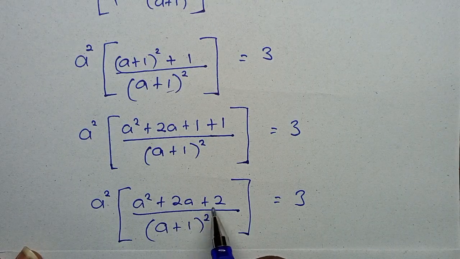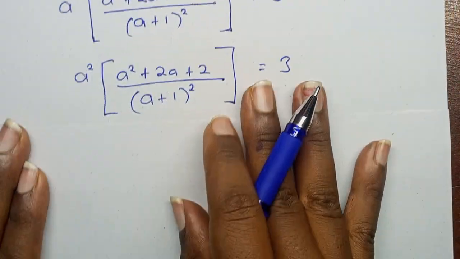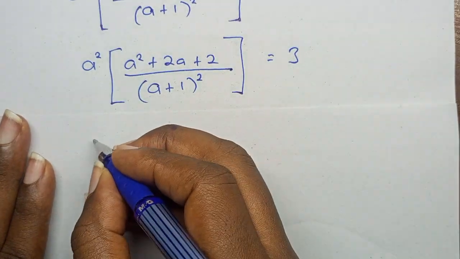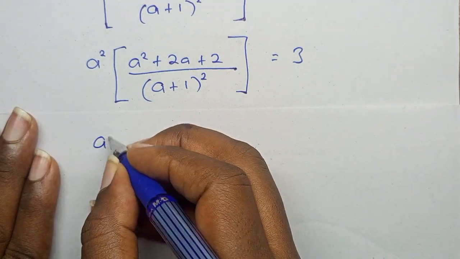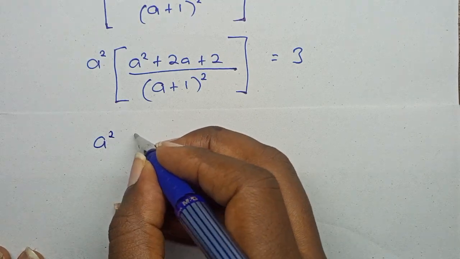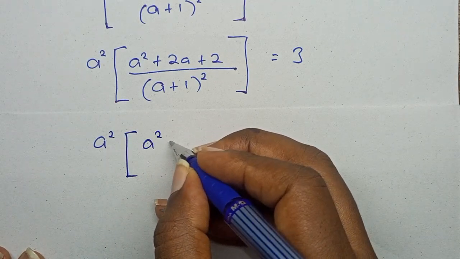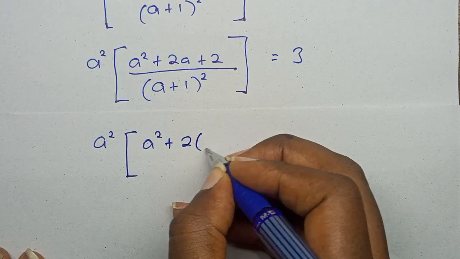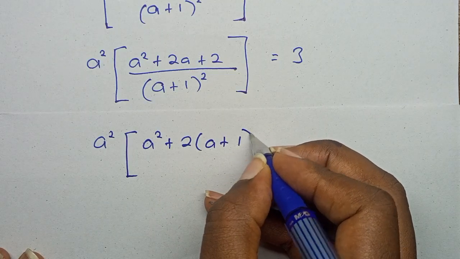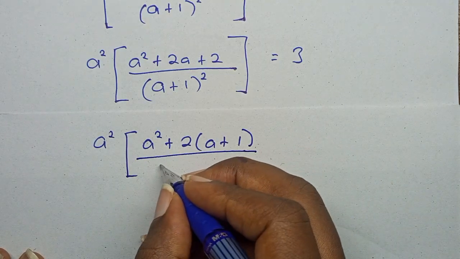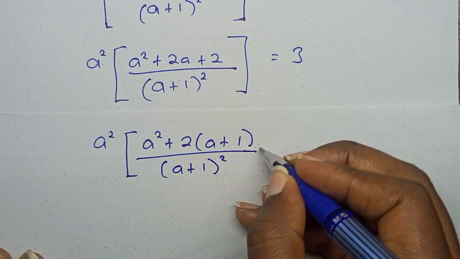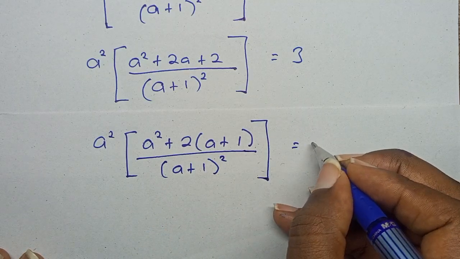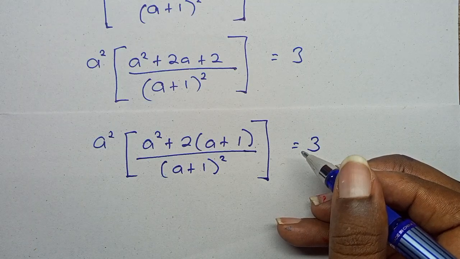As you can see, 2 is common here and here, so we factor it out. We shall have a squared into a squared plus 2 into a plus 1 all over a plus 1 squared. This is equal to 3.